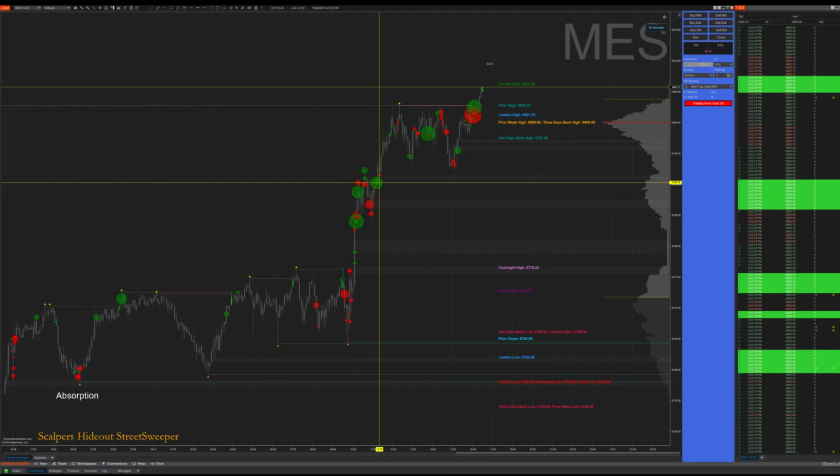So all of these sellers will have their stop losses placed right here. And when price fails to go lower on all that sell volume and it turns around and starts going upwards, we start hitting their stops and we start to squeeze upwards. And that's where you get the best move.